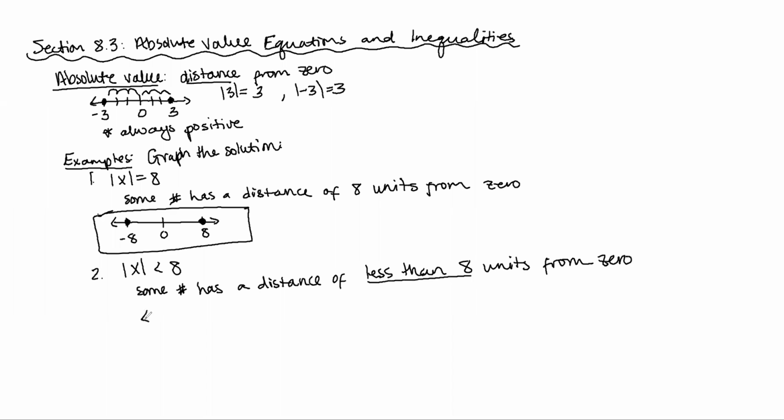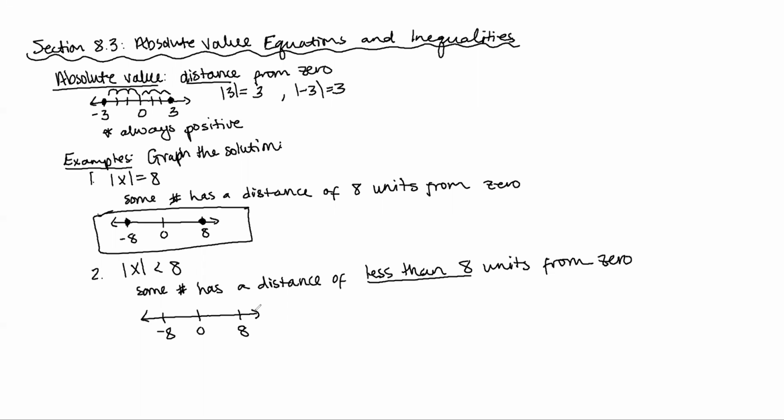Okay, so now let's go ahead and take a look at this graph again, and I'll put 0 in the middle. We're still looking at 8, so let's put 8 and -8. Now, if we know that this number has a distance of less than 8 units from 0, that could be the number 1, because the number 1 has a distance of 1 from 0, which is less than 8. It could be the number 2, 3, 4, 5, 6, or 7.